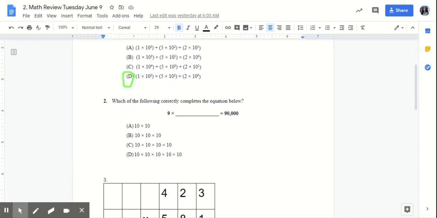Number 2, which of the following correctly completes the equation below? A, 10 times 10, B, 10 times 10 times 10, C, 10 times 10 times 10 times 10, or D, 10 times 10 times 10 times 10 times 10.